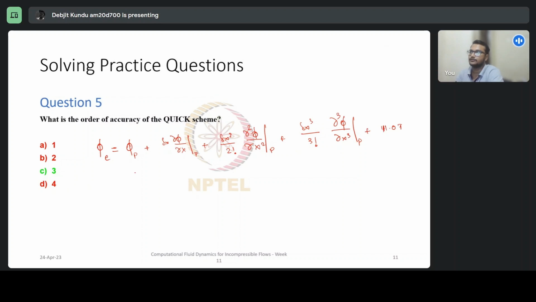Now in QUICK scheme, the first three terms are considered and the third term onwards is neglected. So the leading order term over here is delta x cubed.